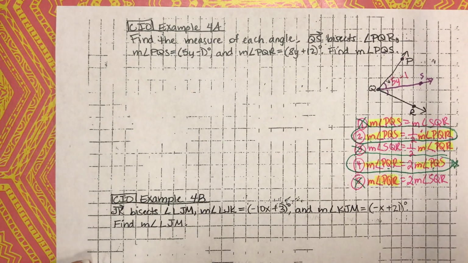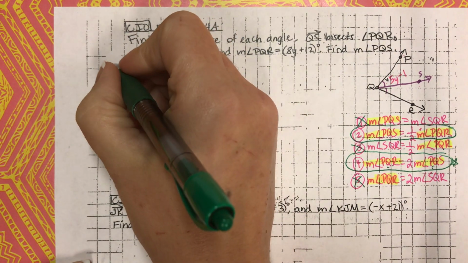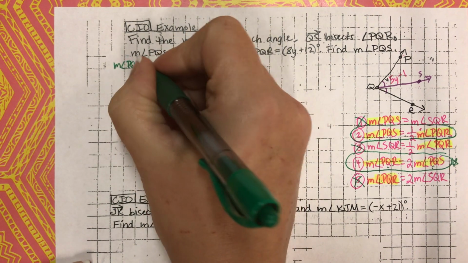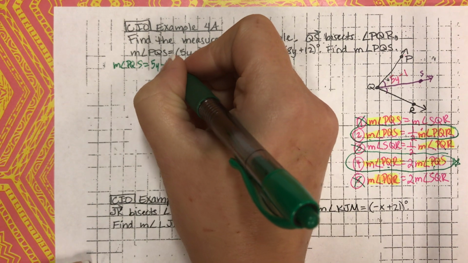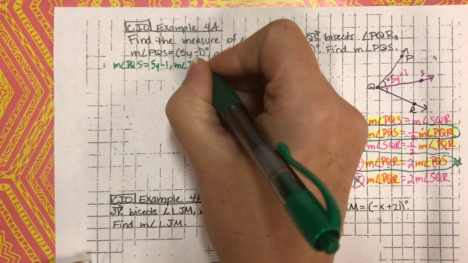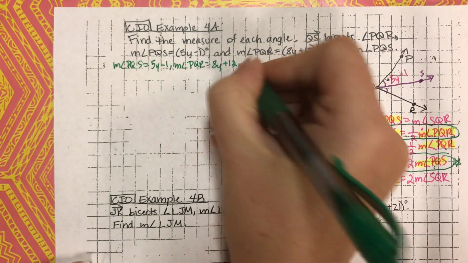Okay, so the first thing we have to do is write down that given information. So we have the measure of angle PQS is equal to 5y minus 1, comma, the measure of angle PQR is equal to 8y plus 12.